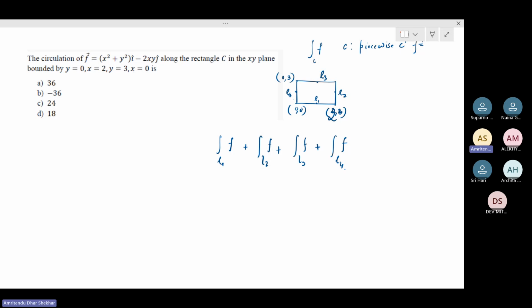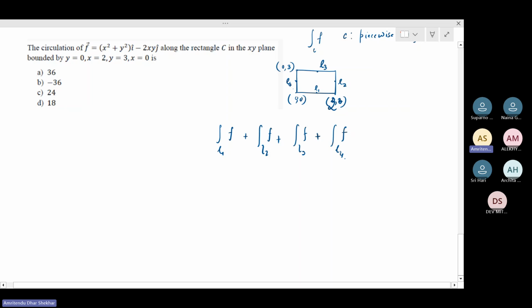So you can complete this integral. Okay, I hope it's clear how to do this.